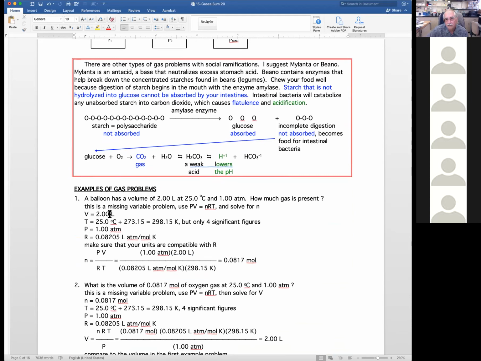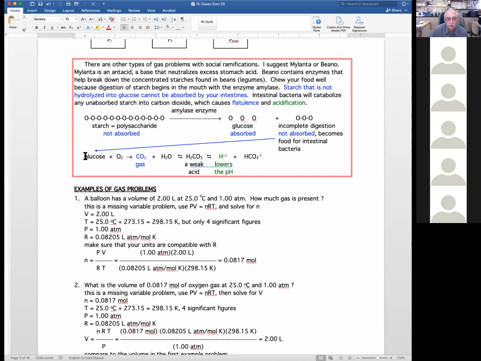So what is flatulence and acidification? Here is starch. Amylase is supposed to break it down into glucose, which can be absorbed. Partially digested stuff cannot be absorbed by your intestines. So what happens to it? It keeps going down your intestines until it gets to where the bacteria are. And they're like, oh, thank you so much for supplying all these incompletely digested glucose products.